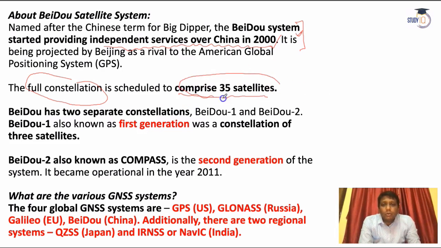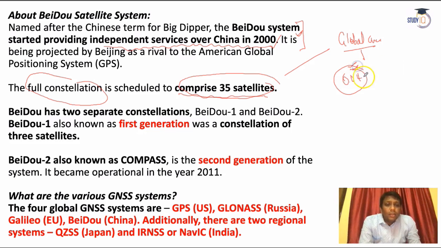See, I have again a question, guys. I want to check, guys. To cover the entire global area, in which orbit will you put the satellites? Here are the options. The first is polar sun synchronous.